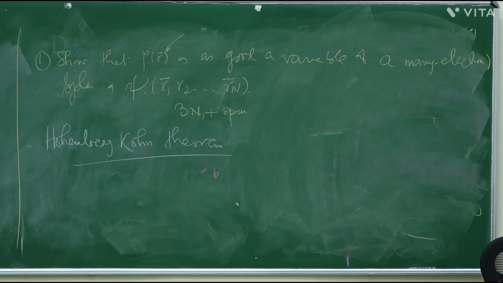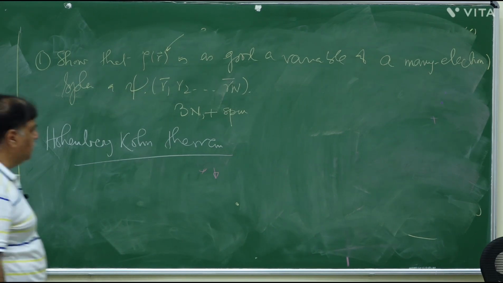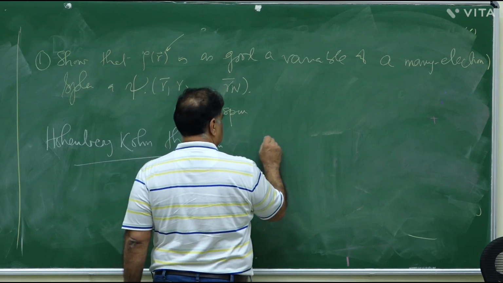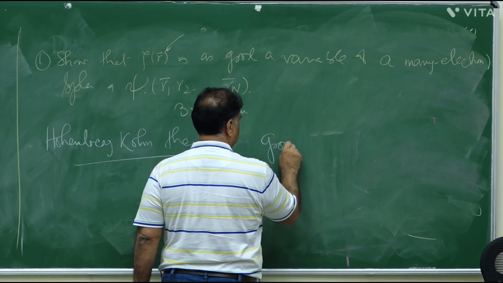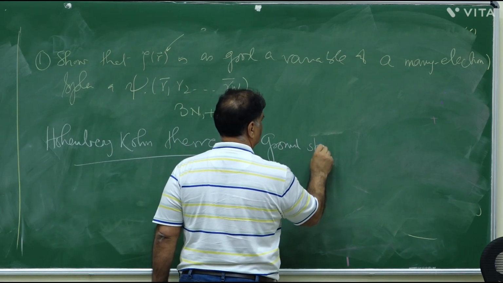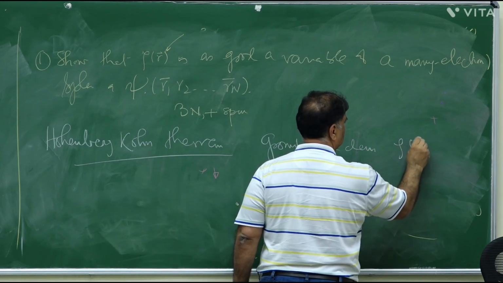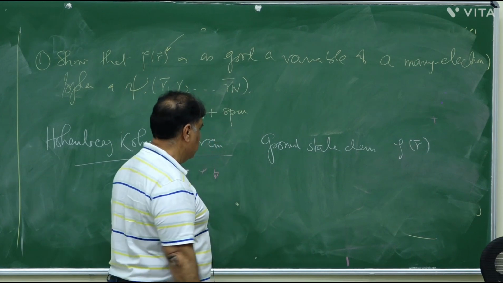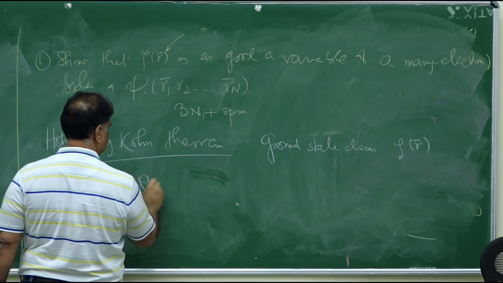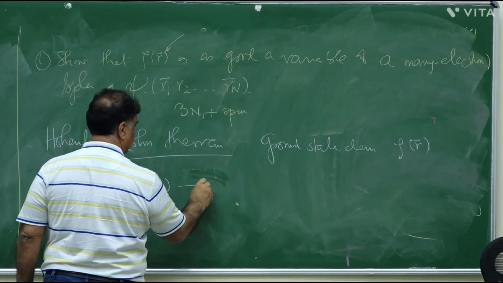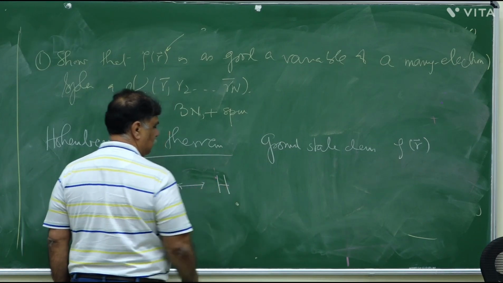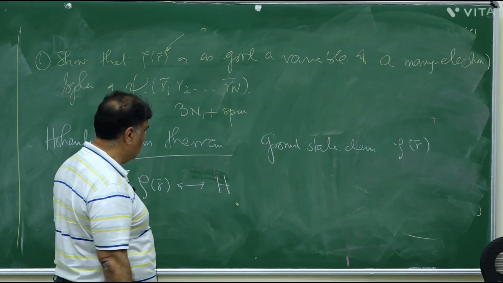And what it says, and I'm giving it without proof because the proof is very simple, there's some variational principle, that the ground state density rho r, right? You can map this exactly to the Hamiltonian system.